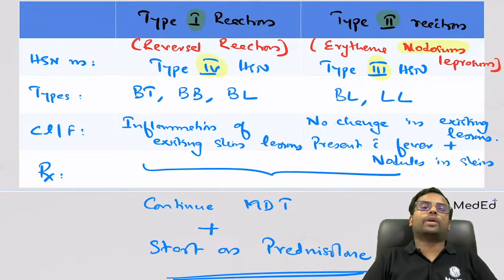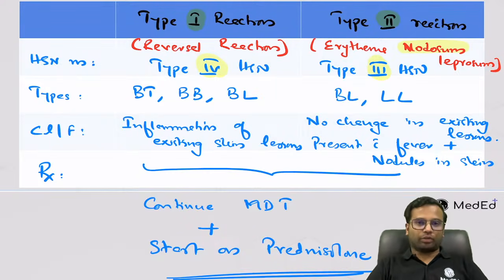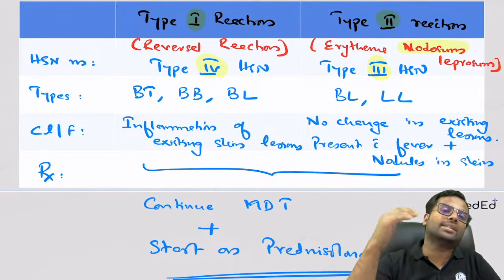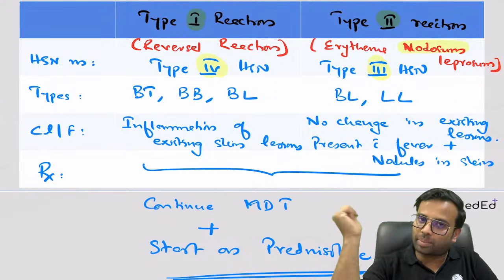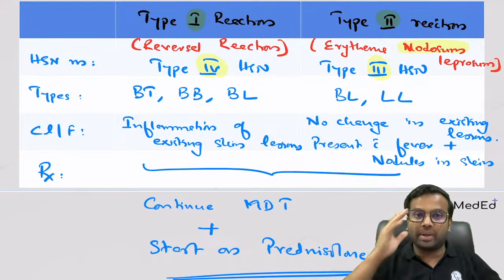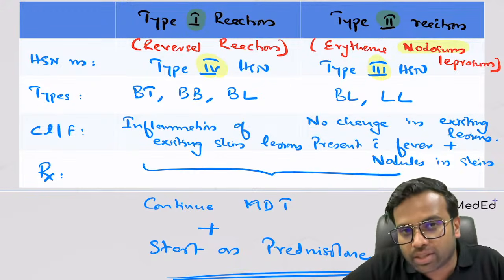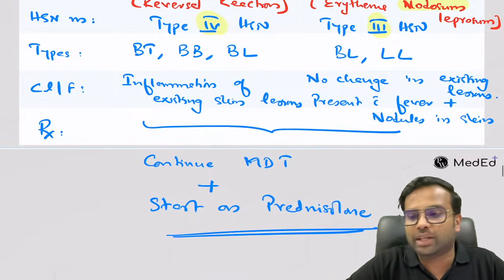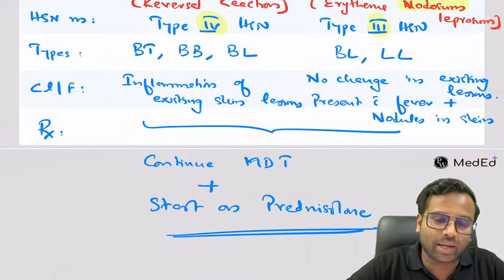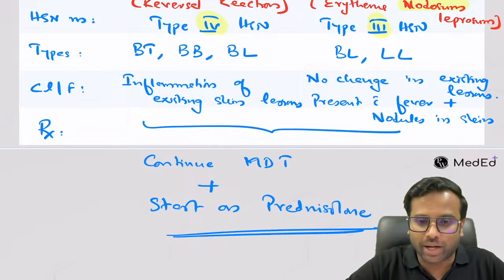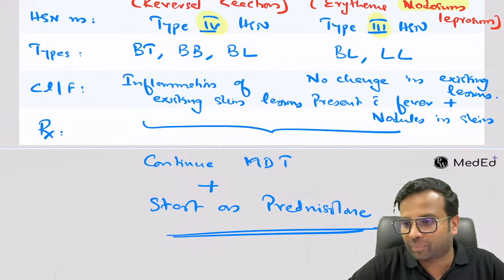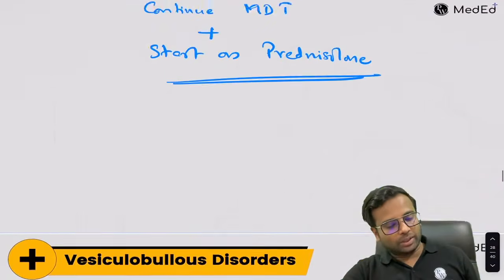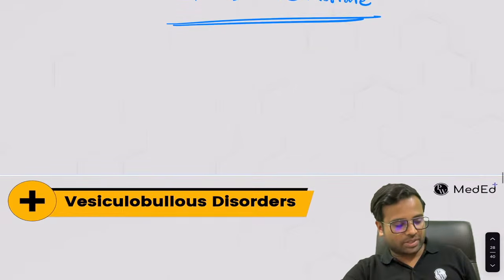In the table, you can just note down 3 or 4 features. One is about the difference of hypersensitivity. The second is about the types of patient who will show the lepra reaction. The third one is the basic difference in the clinical features. And the fourth one obviously should be regarding the management. That is to continue the multi-drug therapy and start the patient on prednisolone. Clear? That is about the treatment part of lepra reactions.